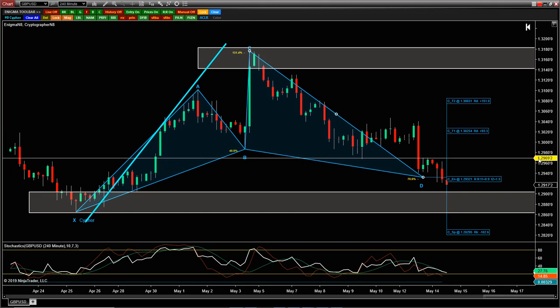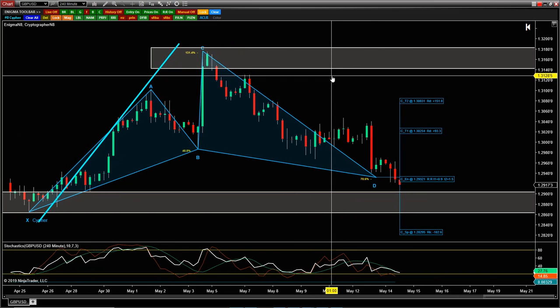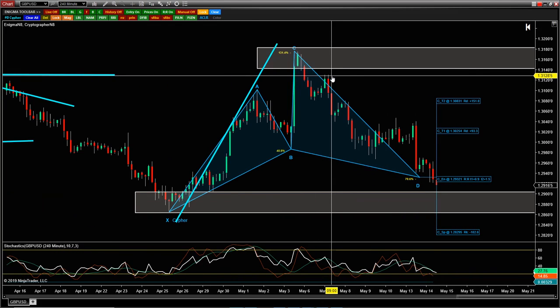So I mentioned earlier I had to get involved a little bit lower simply because this ends up being a max risk trade, which means it's a very large stop loss. So bull cipher here on 240.